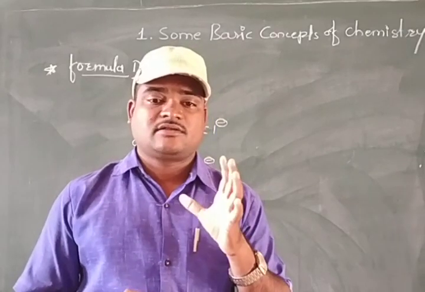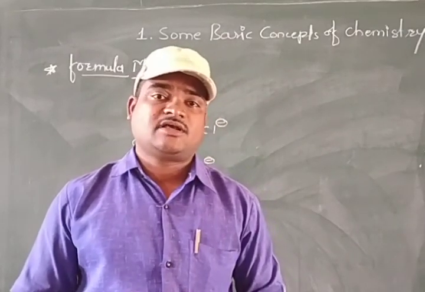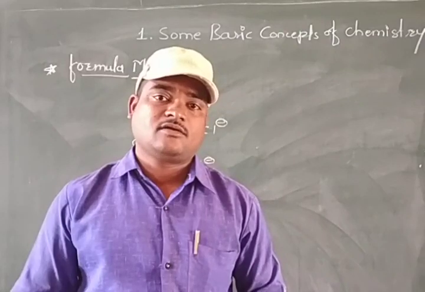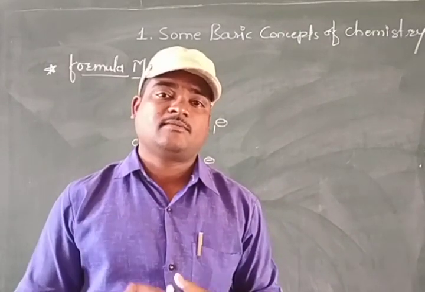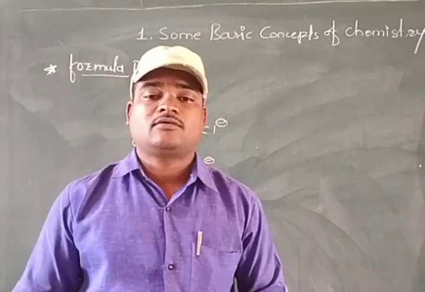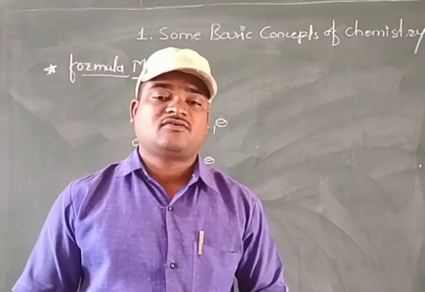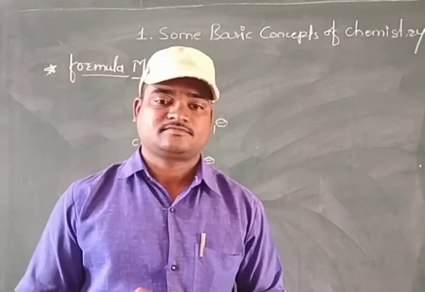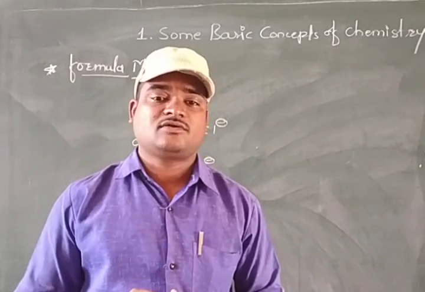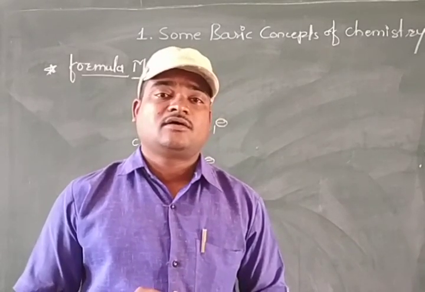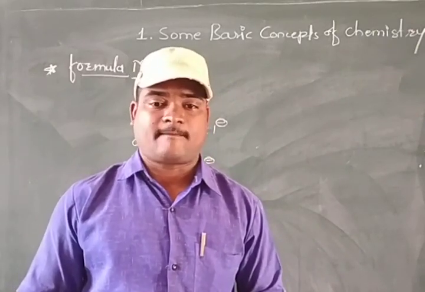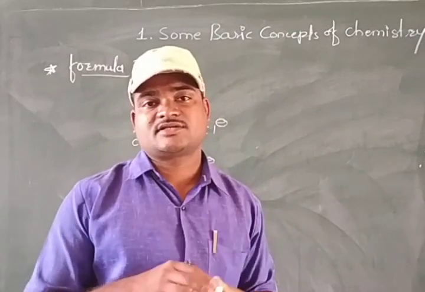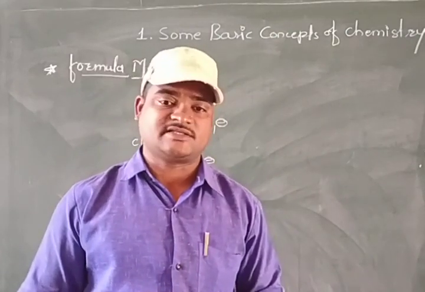So students, for the sake of simplicity, we will solve a problem on how to calculate the formula mass of some molecules. First, we will learn how to calculate the formula mass of NaCl, which is similar to that of molecular mass.